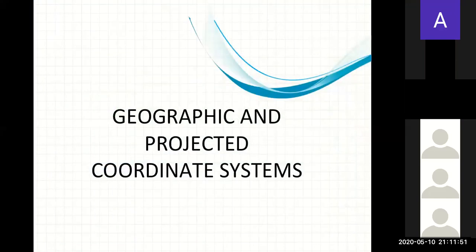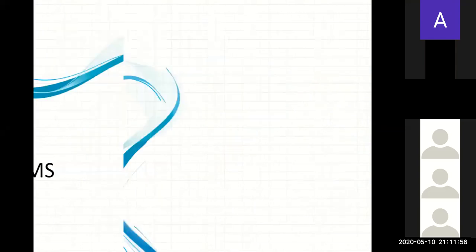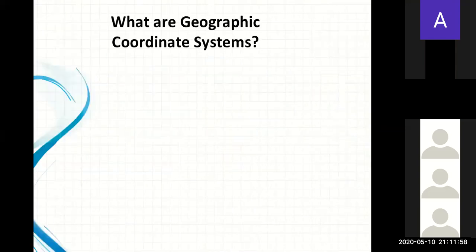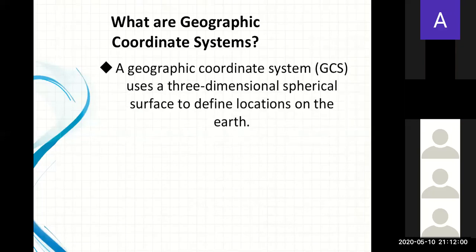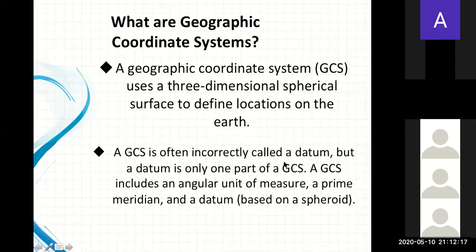Now let's look at the geographic and the projected coordinate systems. So what is a geographic coordinate system? A geographic coordinate system is a coordinate system that uses a three-dimensional spherical surface to define locations on the Earth's surface.